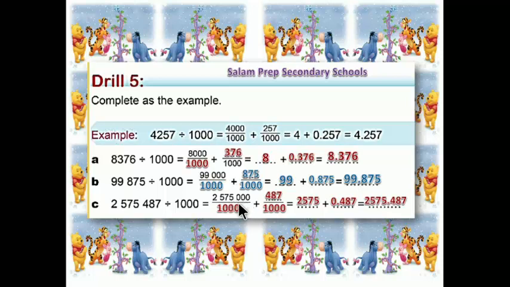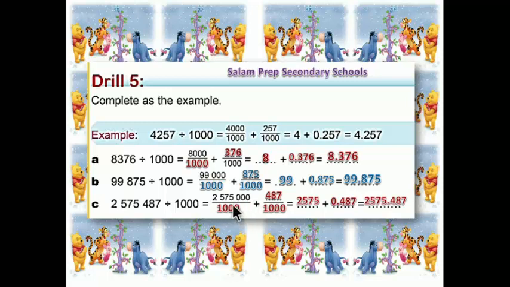and keep zeros in units, tens, hundreds over 1,000 plus the remaining number is 487. 487 over 1,000 equal 2,575,000 over 1,000. We can remove 3 zeros with 3 zeros.